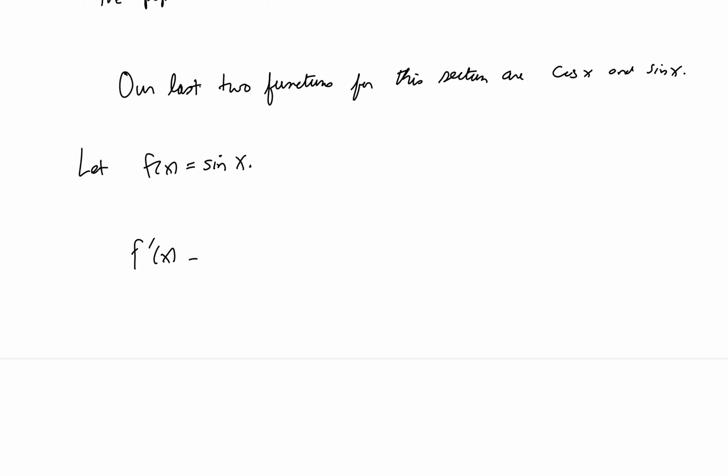Then the derivative is going to be the limit as h goes to 0 of sine of x plus h minus sine x over h. Now this doesn't look like something that's so easy to work with, but we can use the trig identities to simplify this a bit.